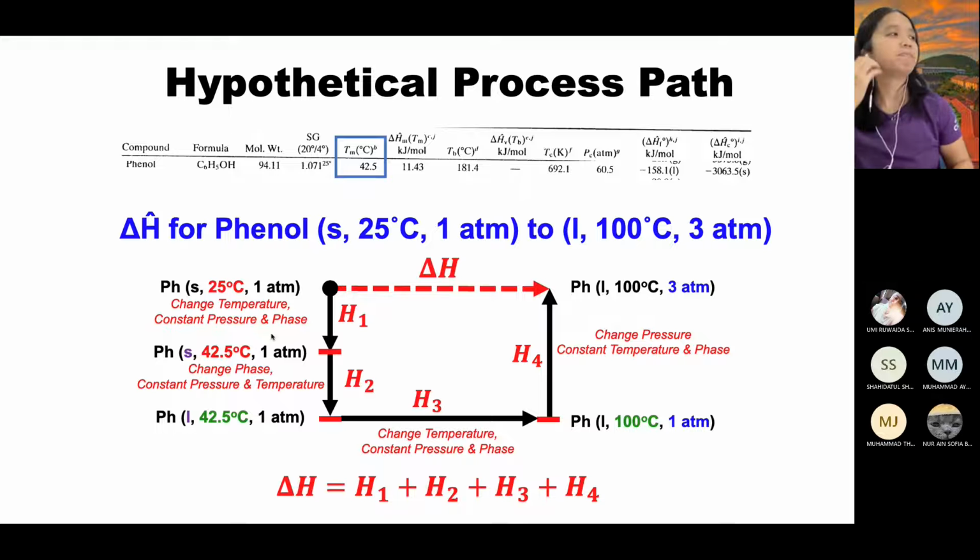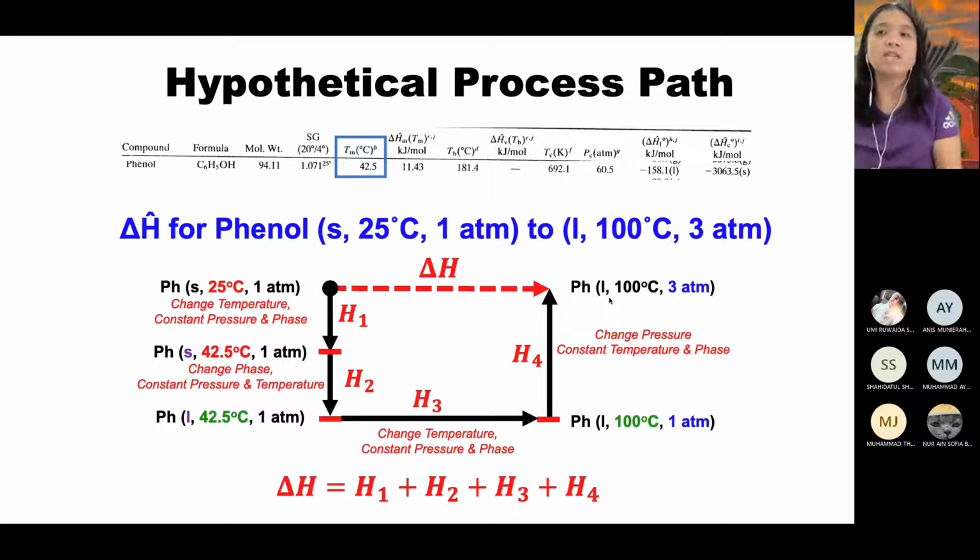Okay, maksudnya, in this case, for me to change my phenol from solid to liquid, maksudnya saya kena cairkan phenol saya dulu. Means, in order for me to change my solid phenol to liquid phenol, I have to first naikkan suhu sampai capai melting point phenol.